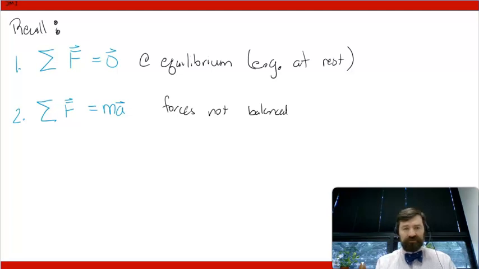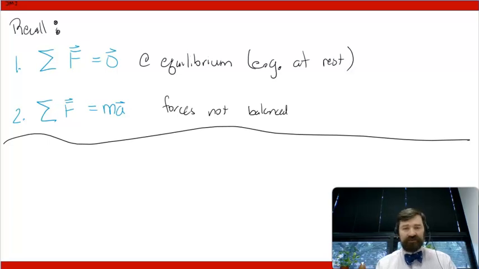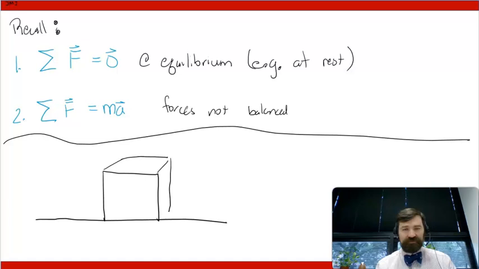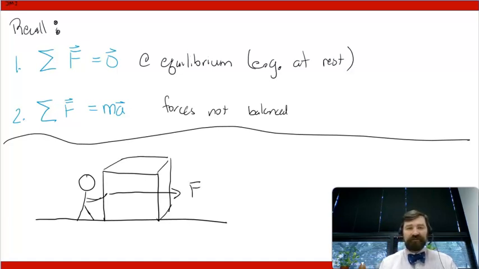Okay, let's consider these two laws, and now let's consider a case of a heavy object sitting on a surface. So I've got this surface, and this maybe large crate or safe or something like that sitting on it, and maybe I try to push the crate. So I apply some force in this direction to the crate.